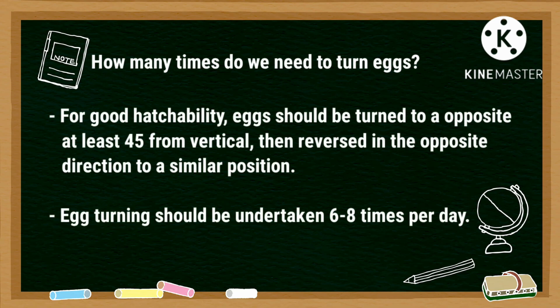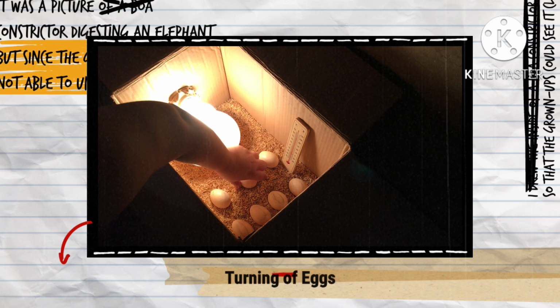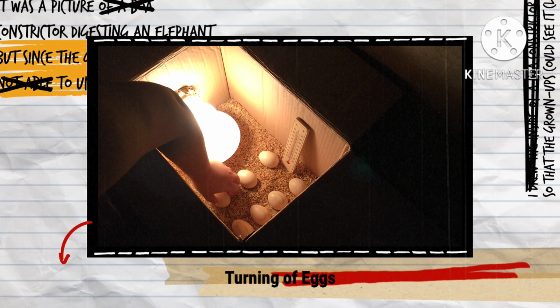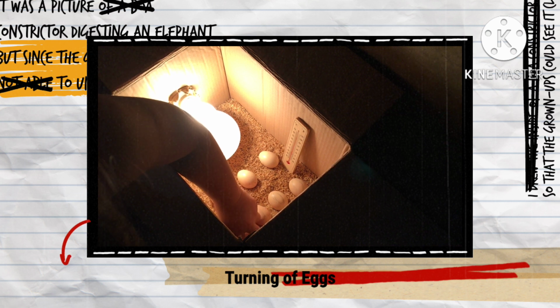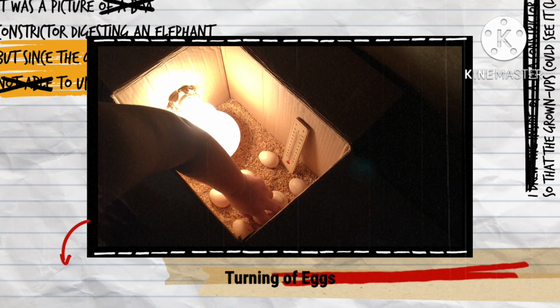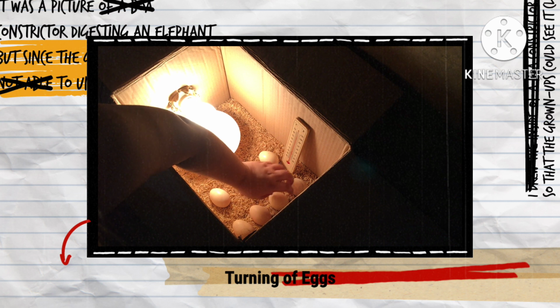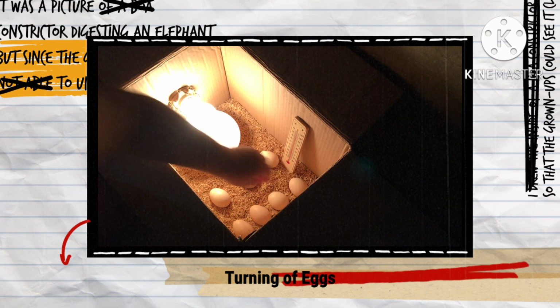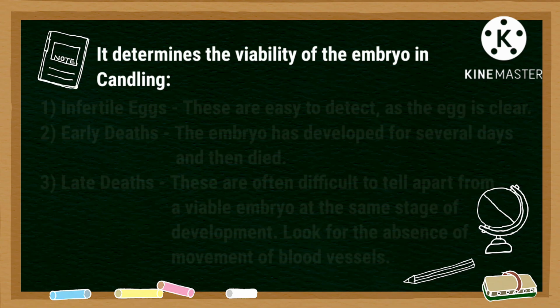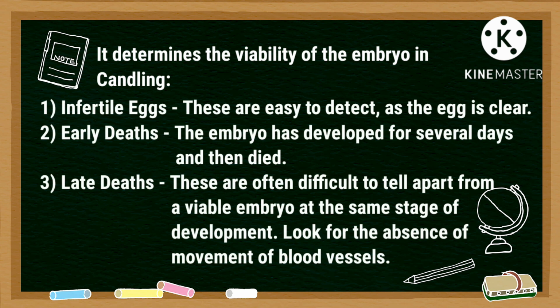Now, how many times do we need to turn eggs? Egg turning should be undertaken 6 to 8 times per day. And this how we turn eggs. In candling, it determines the viability of the embryo, which are infertile eggs, early deaths, and late deaths.